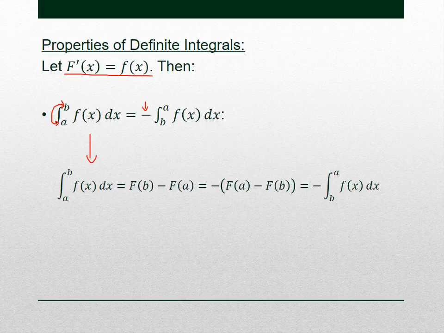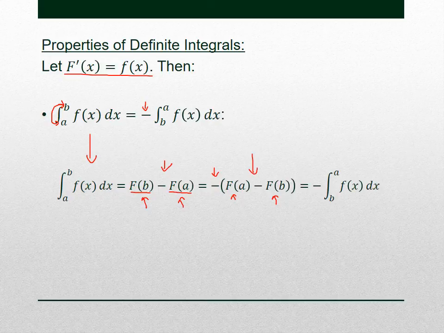By the fundamental theorem of calculus, we plug in b to the antiderivative and then subtract plugging in a. And now if I pull a negative sign out of that, the negative F of a, which is the second term, becomes positive, and the positive F of b, which was the first term, becomes negative. So all I did was rewrite this as a negative sign out, and then I changed the order of my subtraction.